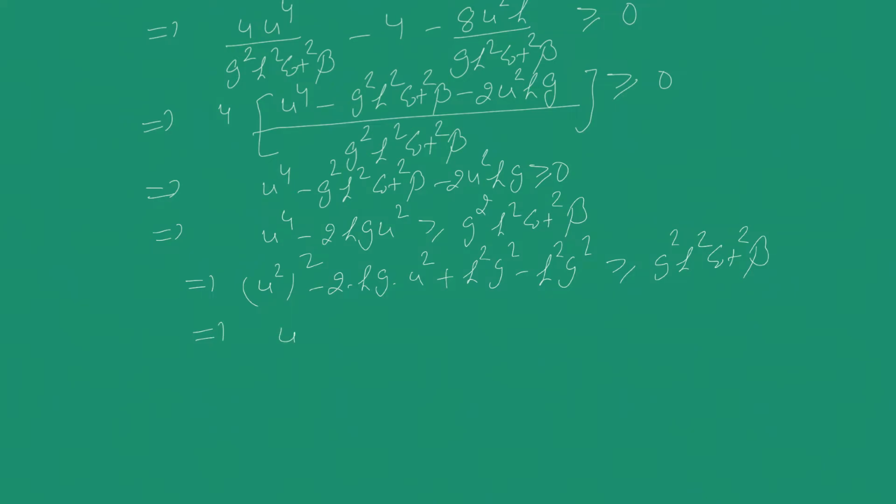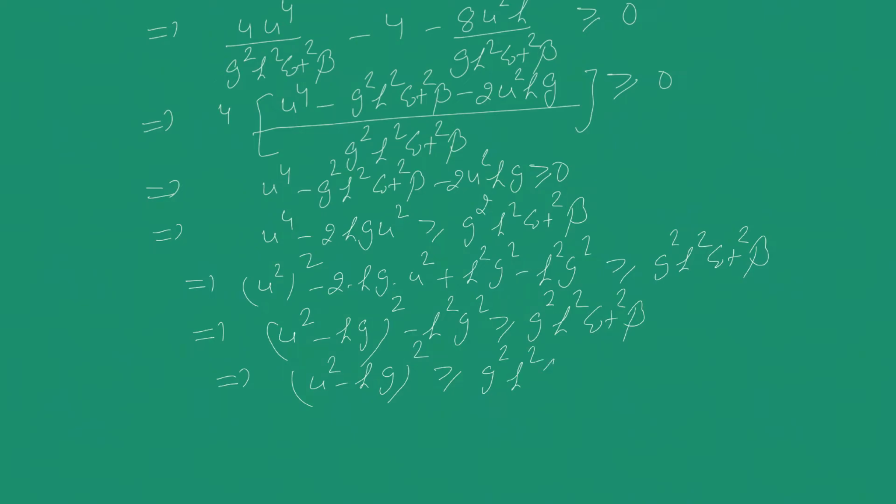This implies that u square minus h g whole square minus h square g square should be greater than or equal to g square h square cot square beta. This implies that u square minus h g whole square should be greater than or equal to g square h square cot square beta plus g square h square, which is equal to g square h square times 1 plus cot square beta, which is equal to g square h square cosecant square beta.